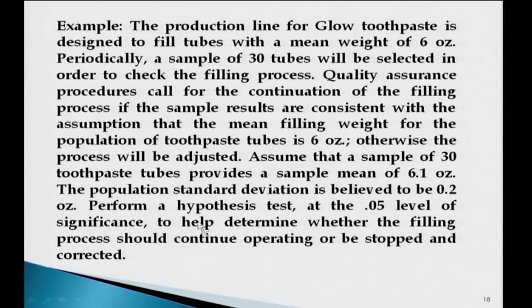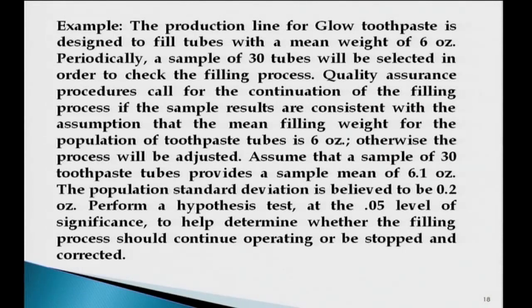So, can we consider this sample as representing those 6 ounce? Can we consider this 6.1 equals 6? Please keep in mind that here we are trying to understand whether the difference is significant. Significant here means there is such a difference which cannot be ignored, and we will not decide that just by intuition, we will only do that with the help of statistical methods.